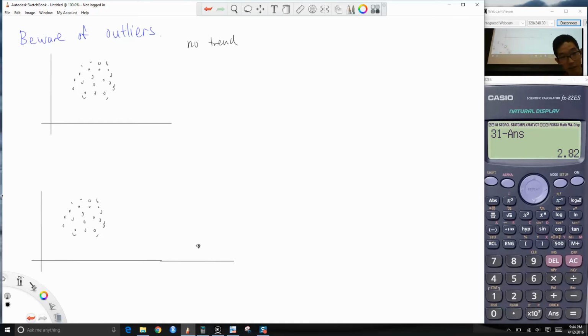So suddenly the trend, if we were to fit some kind of regression line, would try to accommodate this thing, okay? So over here we would say, oh yeah, no trend, okay? But now suddenly, because of this outlier, it makes it appear like there is a negative trend.